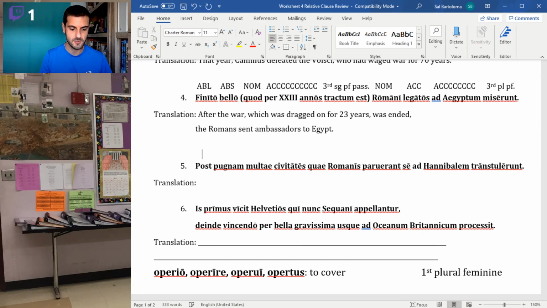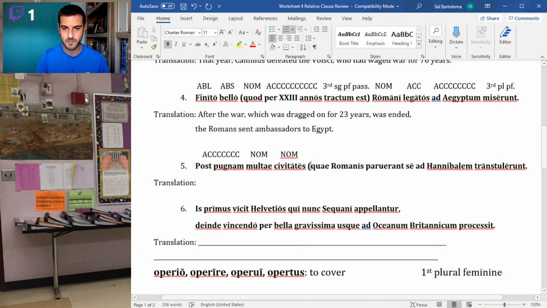Post pugnam, another prep phrase here. Multae civitates, my nominative subject. Quae, okay, there's my relative clause start. Quae Romanis paruerant. So that's my verb, and also the fact that it's pluperfect, that's typically what you're going to see, especially in history. So the states, the cities, which Romanis could be dative or ablative, but this verb pareo, which means to obey, goes with the dative case.